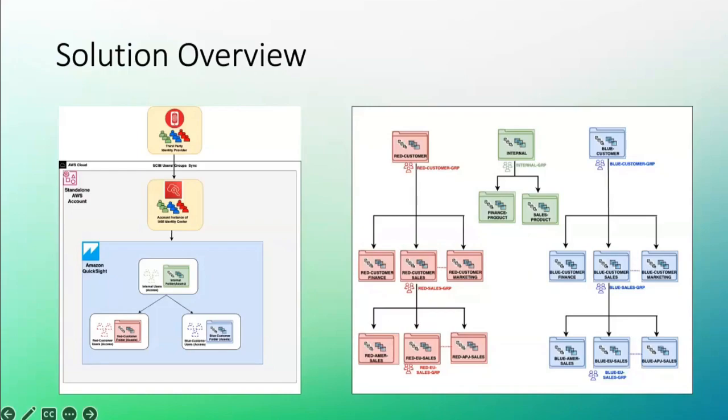So for example, for the red organization, you can create a shared folder in QuickSight and assign it to the group pertaining to the red customer organization, while you can also create a blue customer shared folder and assign the permissions to the blue customer group, and that way they will own the resources within QuickSight and seamlessly access them via the console experience or the embedded QuickSight experience.